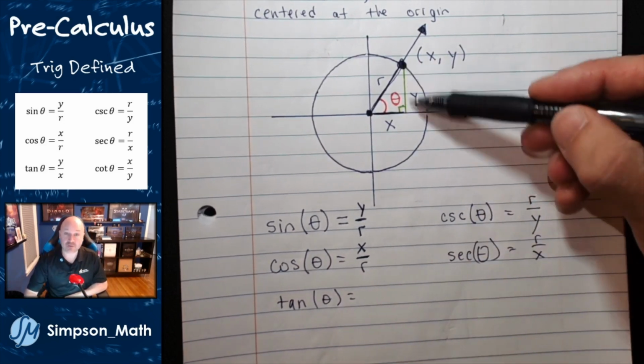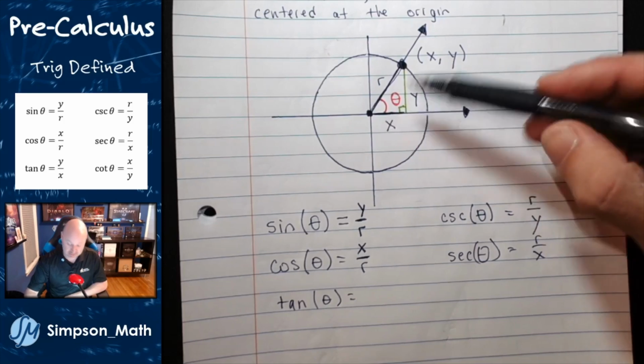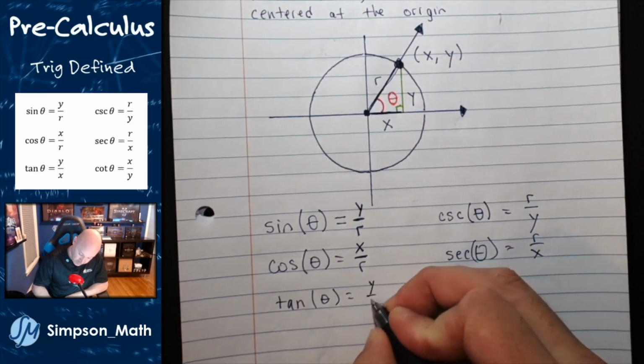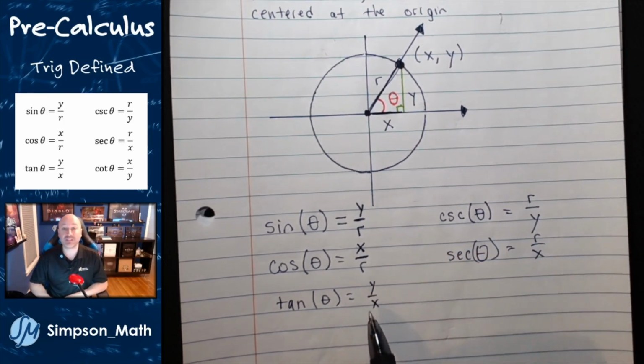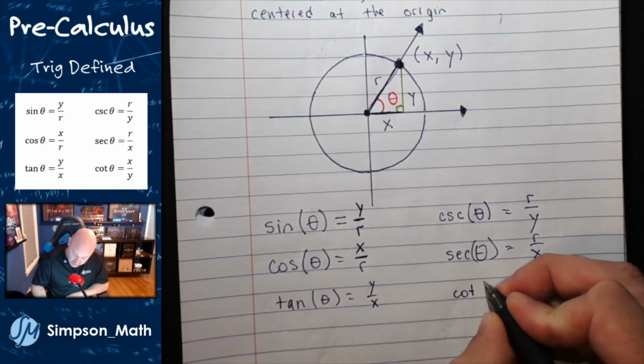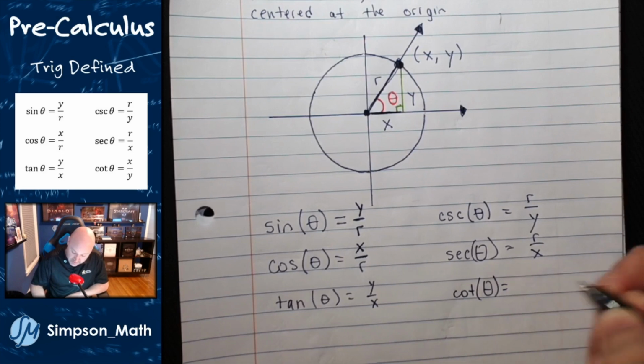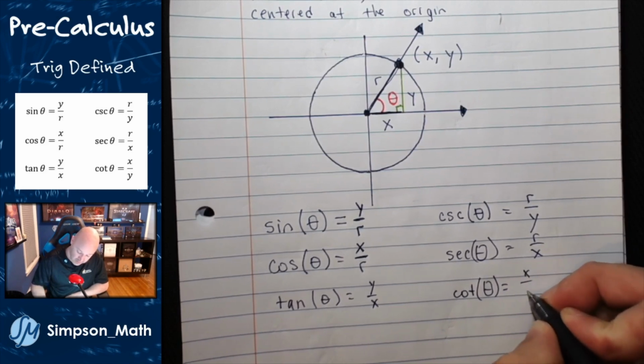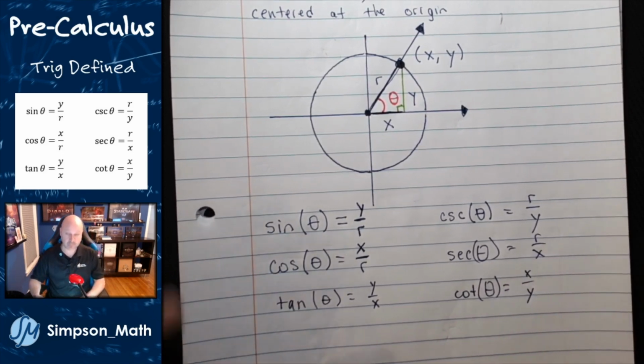Tangent is defined as y over x. Its reciprocal is the last ratio we could write, because remember there's only 6 of these ratios. Cotangent of theta is x over y.